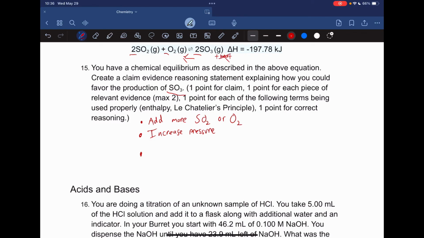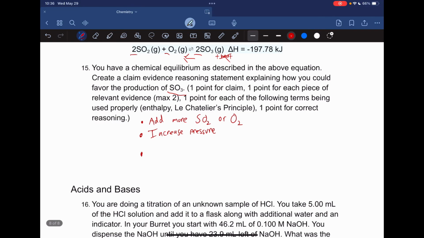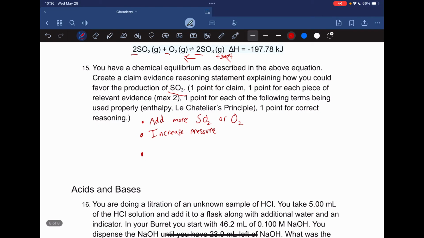So what we're going to want to do to favor the production of sulfur trioxide is remove heat. So we're going to cool this down. So you're going to choose one of these and make a Claim-Evidence-Reasoning argument for it.